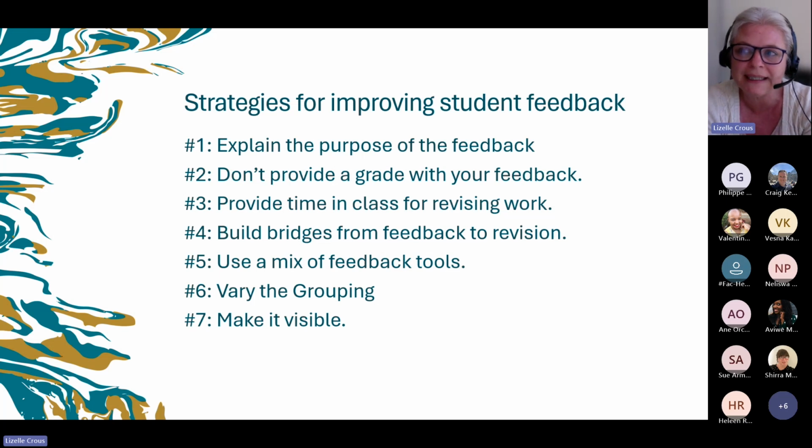So we have to build it in our sessions or our learning experiences, concrete steps that they need to take to show how they've interpreted the feedback, what they found meaningful in the feedback, and what they will be taking forward. So it can be a concept map as to what are the next steps that they will be taking.